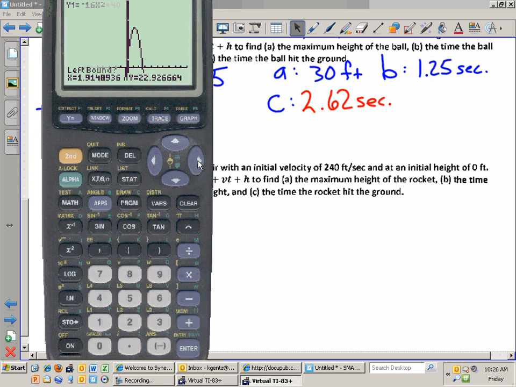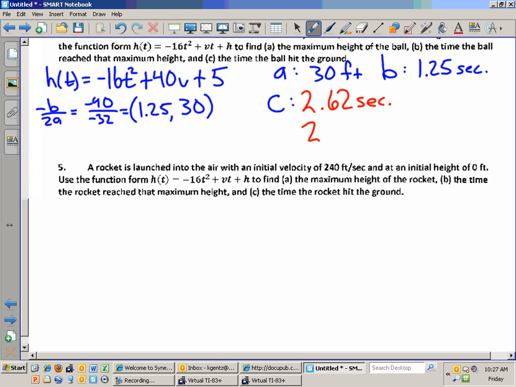I go over to my x-intercept, which is about right there. I need to go to the left of it. Press enter. I need to move to the right of it. I'm not to the right of it yet. Now I am. Press enter. Enter on guess. And it comes up with 2.62. So you can see that you could use your calculator or do the work by hand, either one.